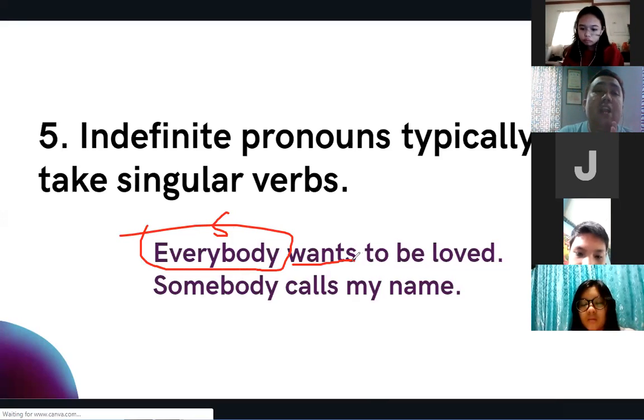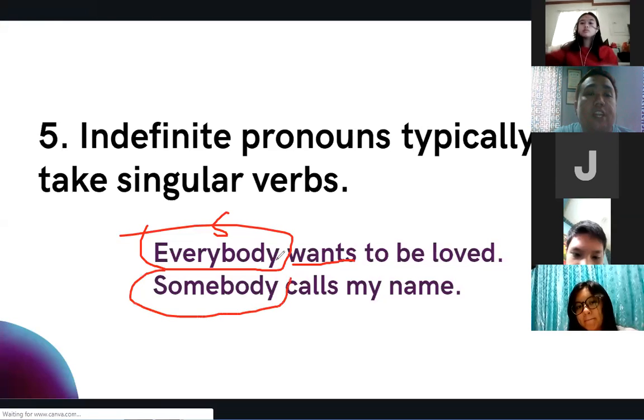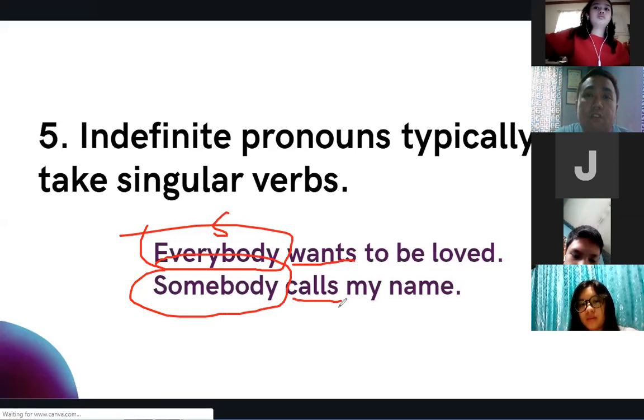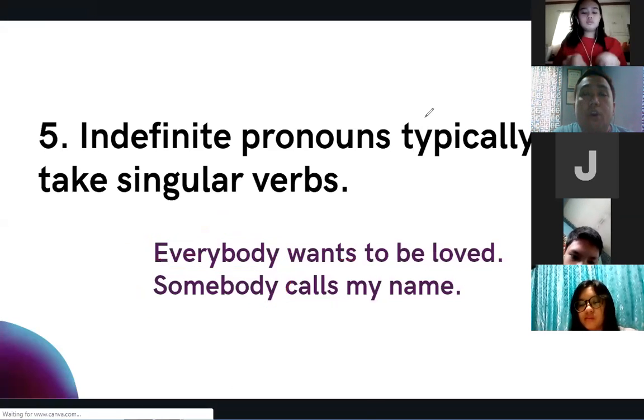Pag ang noun ay walang S, singular. Pag ang verb may S, doon siya nagiging singular. Okay? Next, somebody. This is also an example of an indefinite pronoun. So dapat ang verb daw natin ay singular. This is calls. Malinaw? Okay. So, let's try working on these examples.